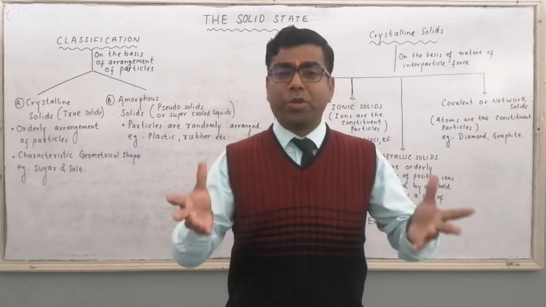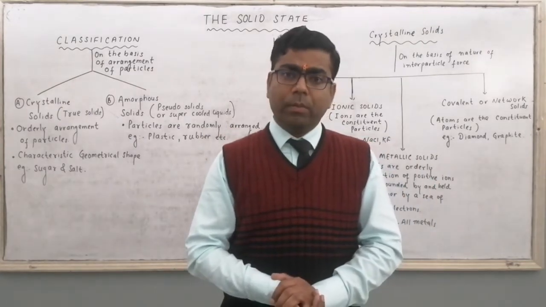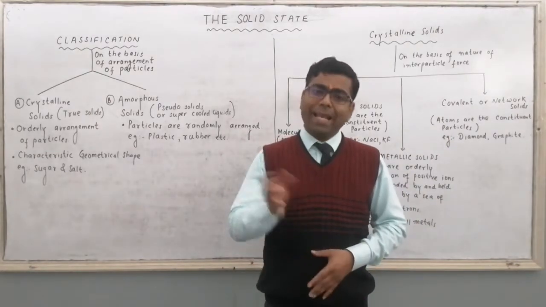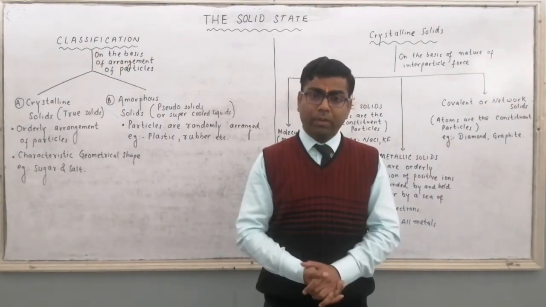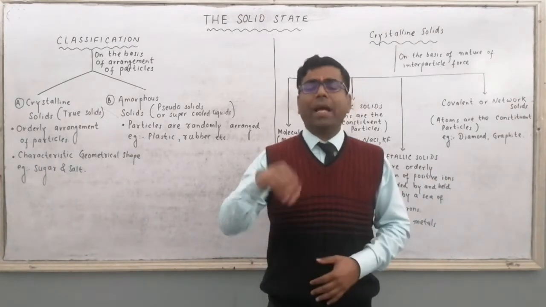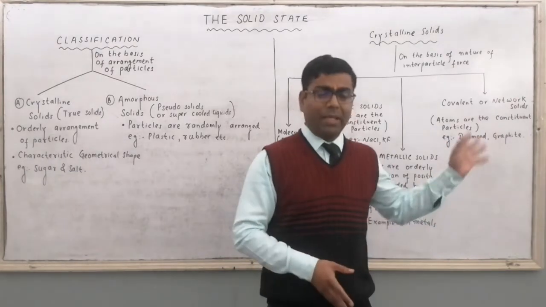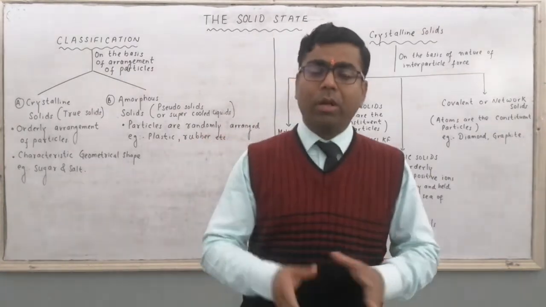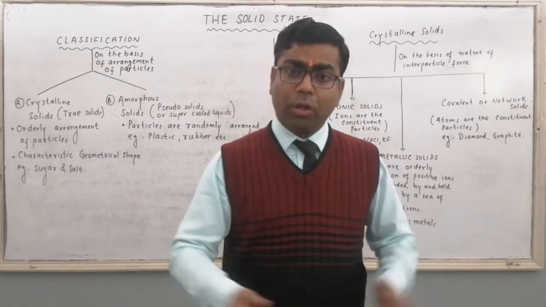Ions cannot change their position in solid state. But in fused or molten state and aqueous state, ions are free to move, so they show electrical conductivity, meaning they are good conductors of electricity.